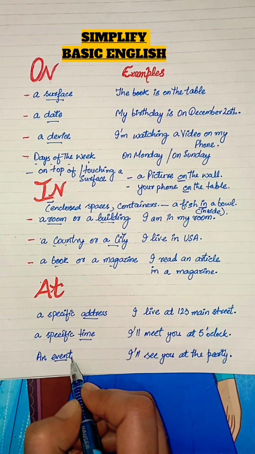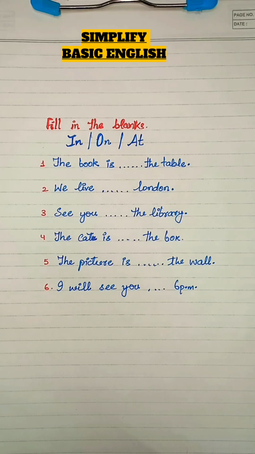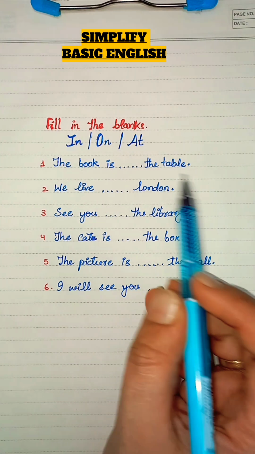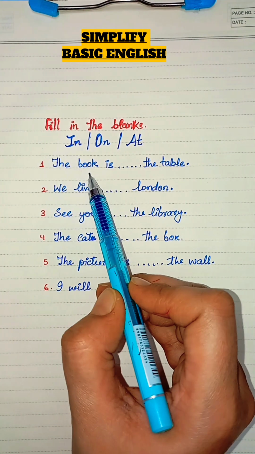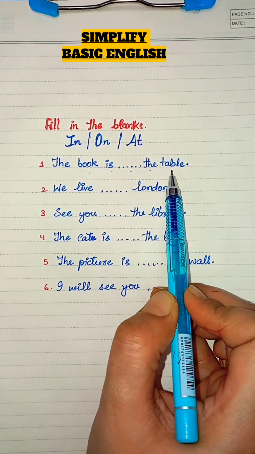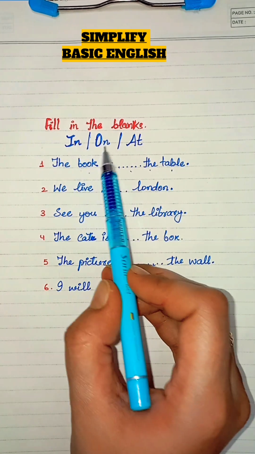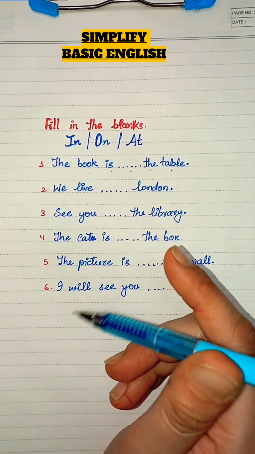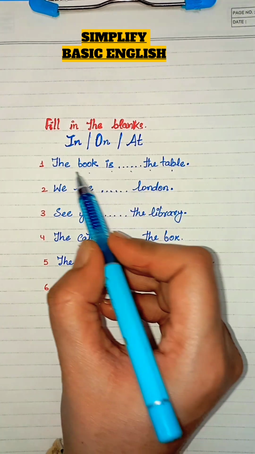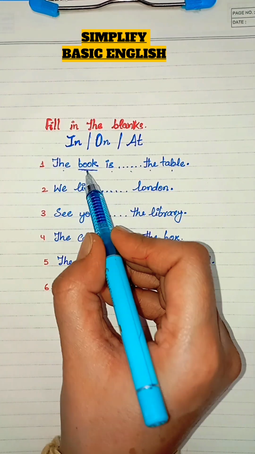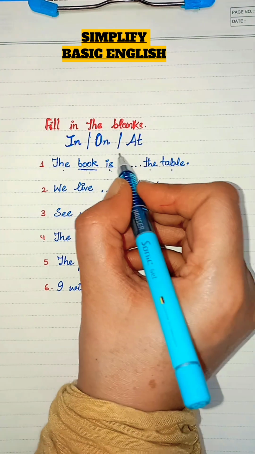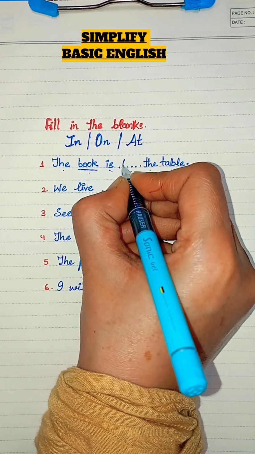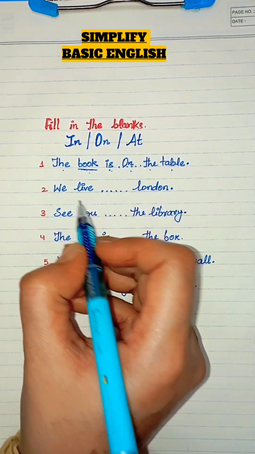Now let's see. Fill in the blanks. The book is blank the table. In, on, at. What do you think? The book is on the table. We live blank London.